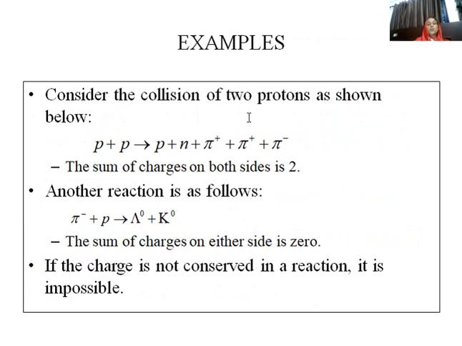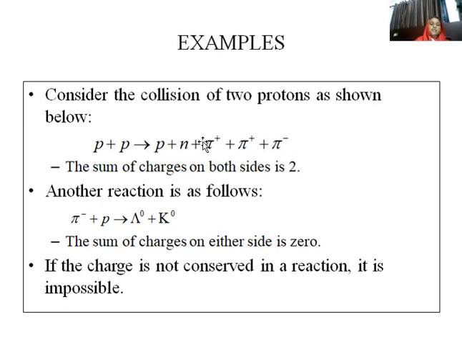The first one is the collision of two protons. P plus P, two protons, gives proton plus neutron plus pi plus plus pi plus pi minus. The sum of charges on both sides is 2. Before the collision, two protons give a total charge of 2e, which in basic units of charge is 2.